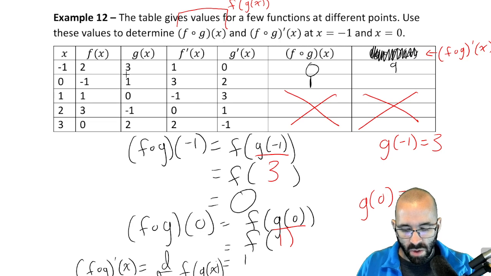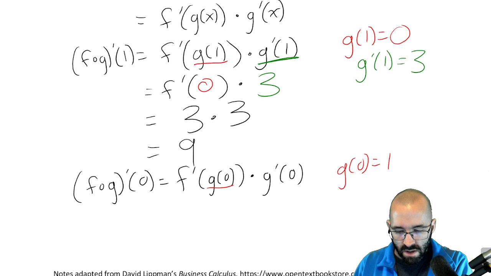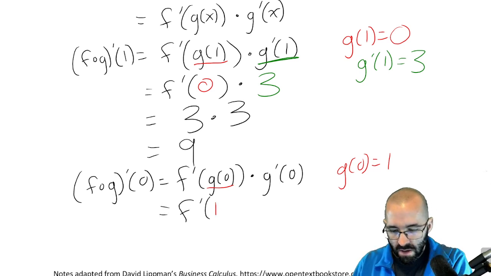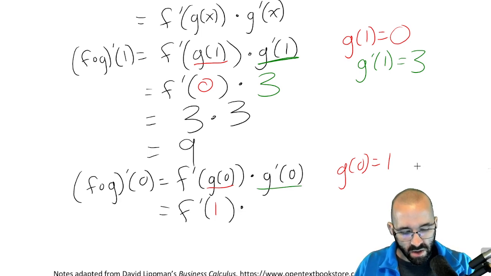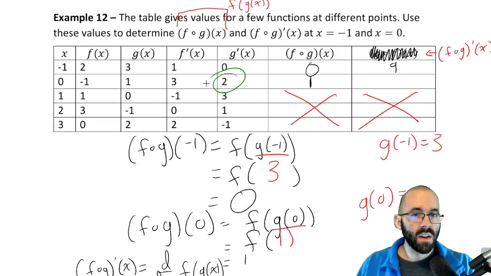G of 0 is going to be 1. So now we have f prime at 1 times, well, what was g prime of 0? G prime at 0 was 2.